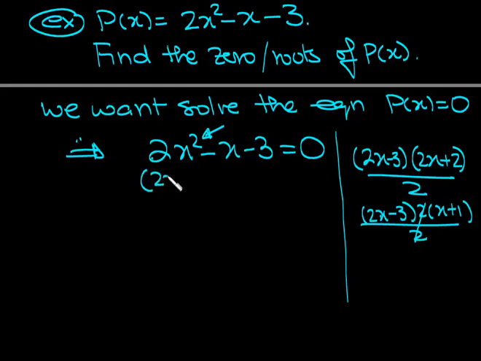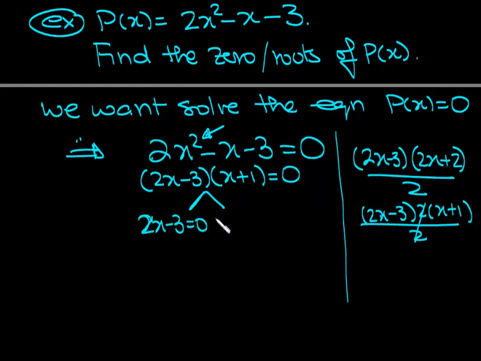So we get 2x minus 3 and x plus 1 is equal to 0. This product is 0, which tells me one of them is 0. So 2x minus 3 is 0, x plus 1 is 0. So we get x is equal to 3 halves and x is equal to minus 1.